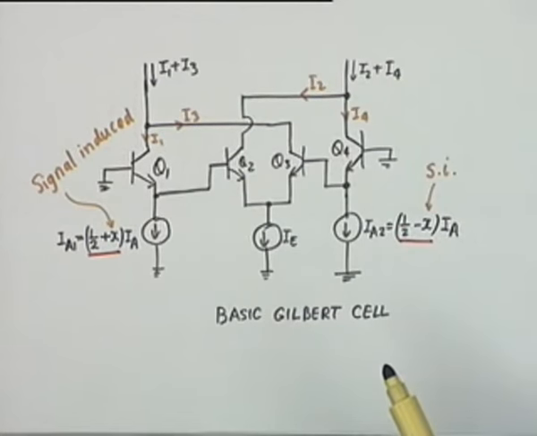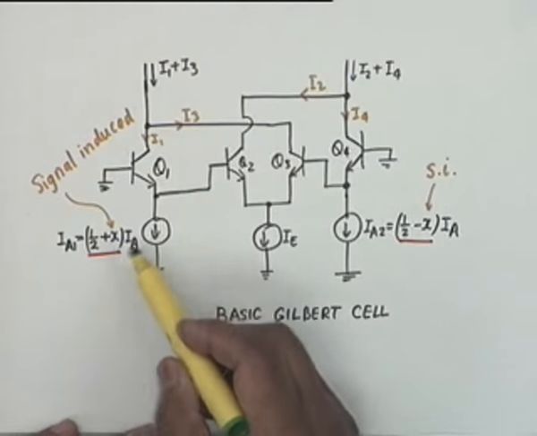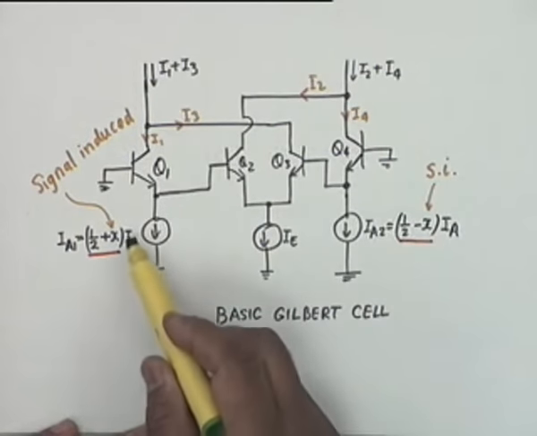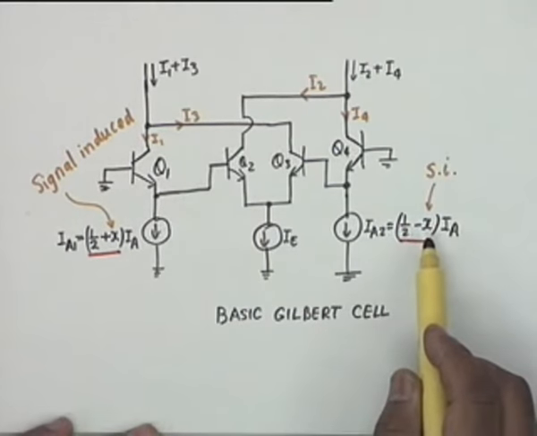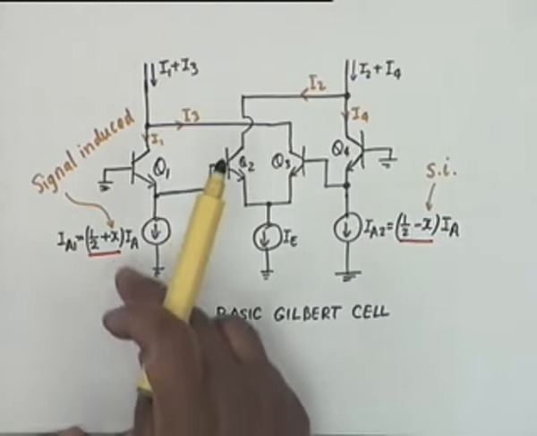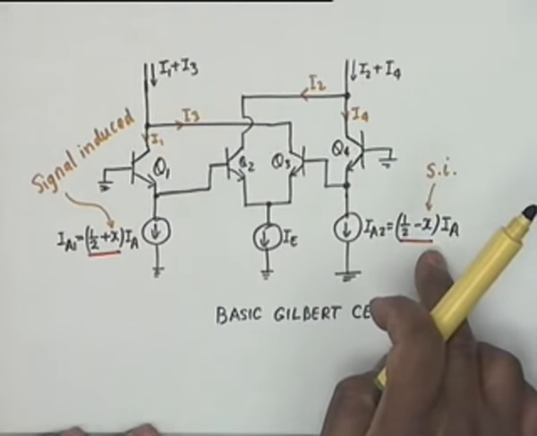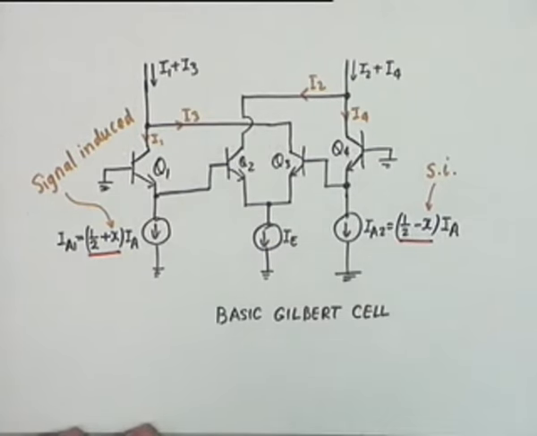When there is a signal, that is, an unbalance is created between the two base voltages, then one of the currents increases and the other decreases. The one for which VBE increases, the current increases; for the other it decreases. Now X could be positive or negative, but the sum of the two must be equal to IA, and the difference must be only proportional to the signal induced quantity.